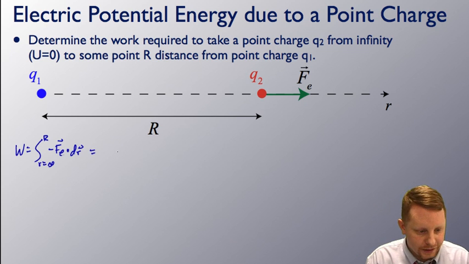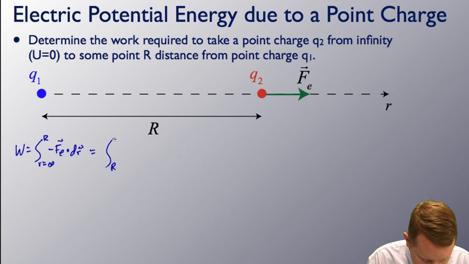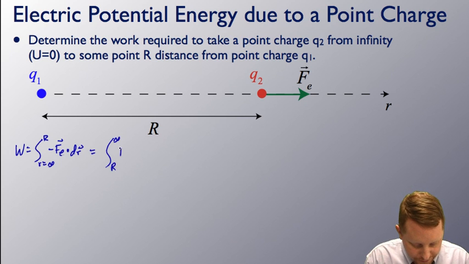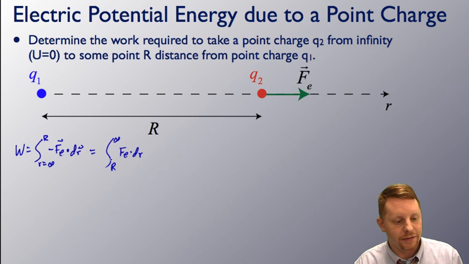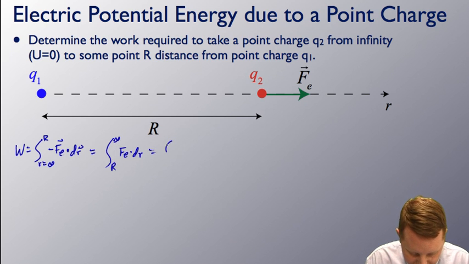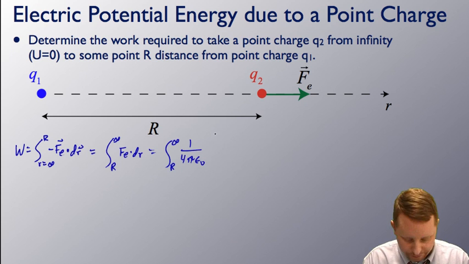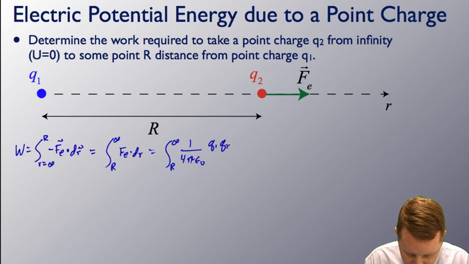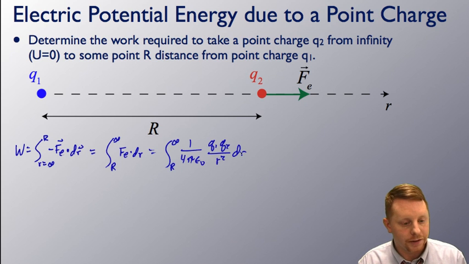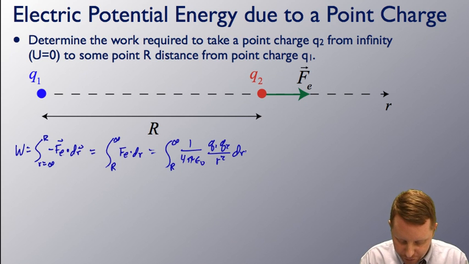Or we could rewrite this as the integral from capital R to infinity, switching my limits, of the electric force dotted with dr. Switch the limits, I can switch that negative sign. So that's going to be the integral from r to infinity of the electrical force, 1 over 4 pi epsilon naught Q1 Q2 divided by r squared dr. Now we can pull the constants outside the integral sign.